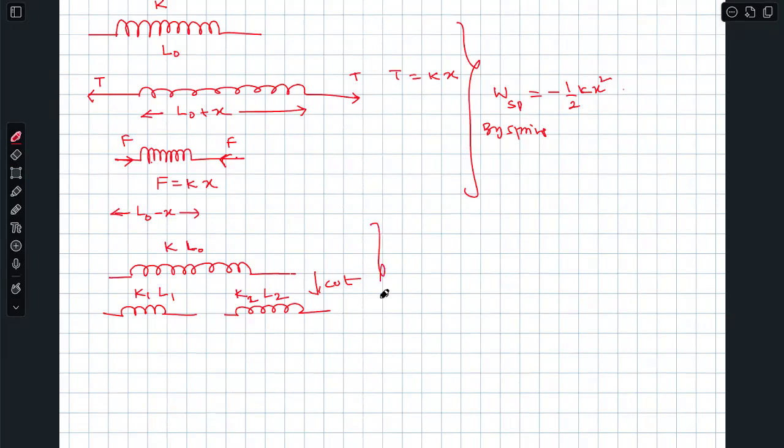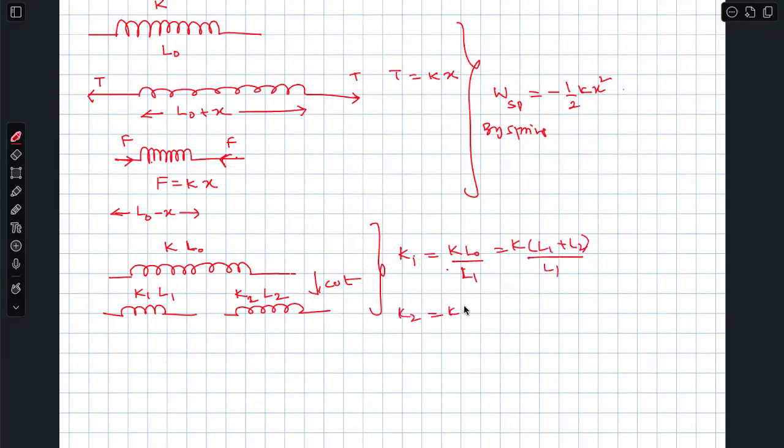Then what will happen in this case is, K1 becomes K L0 by L1, which is nothing but K times (L1 plus L2) by L1.